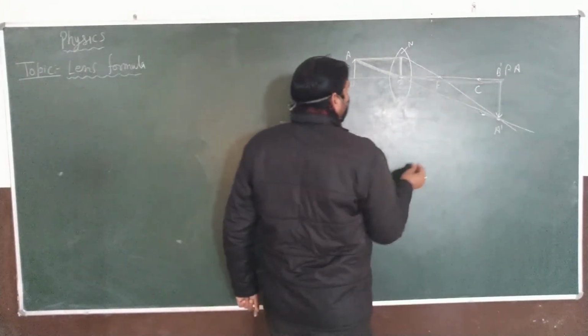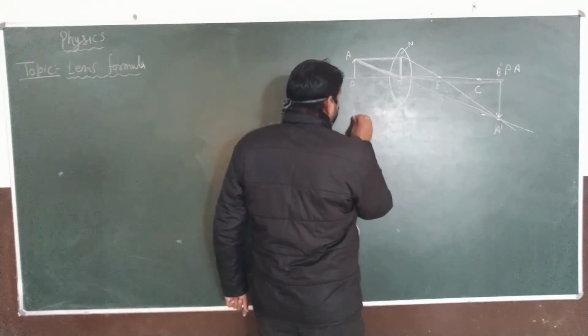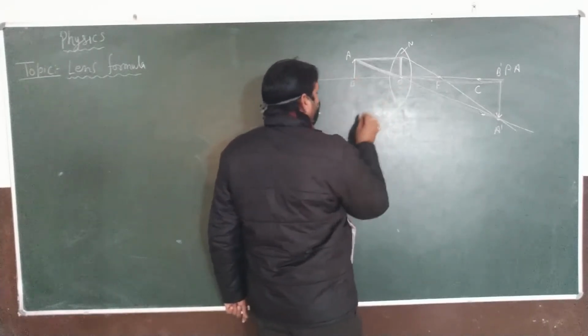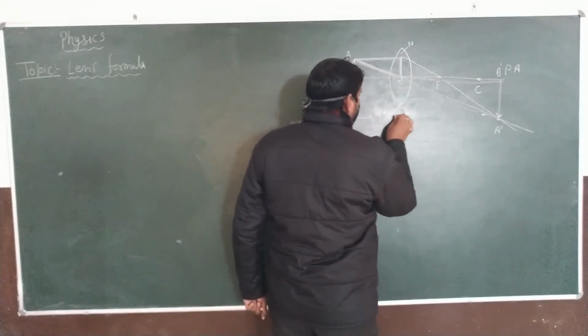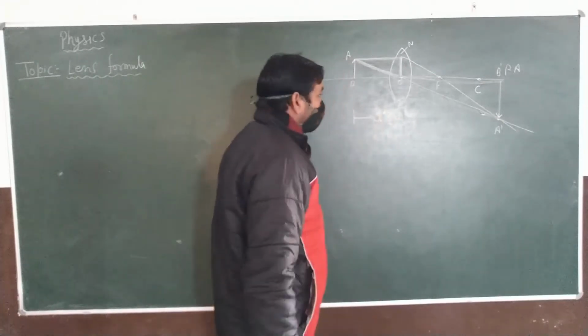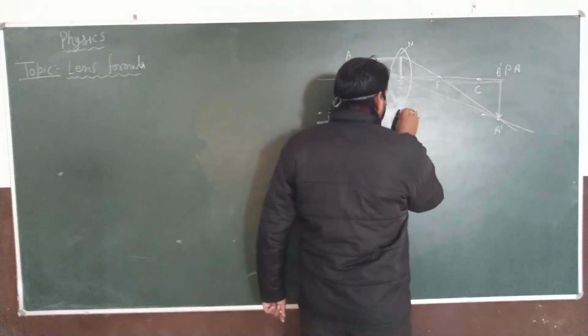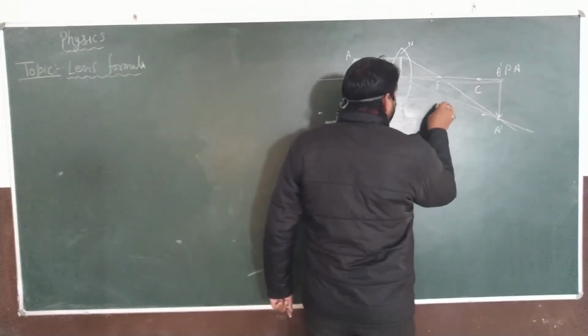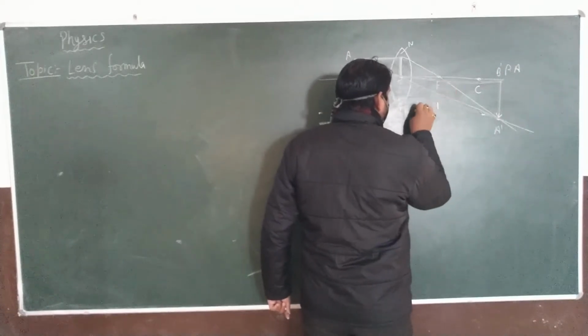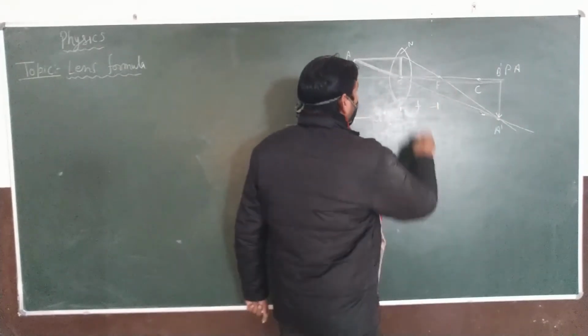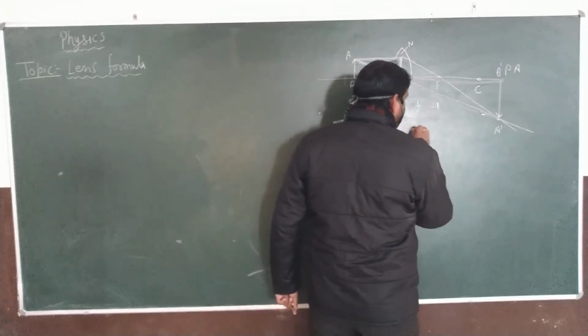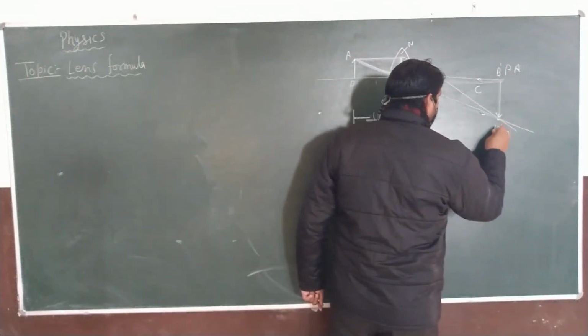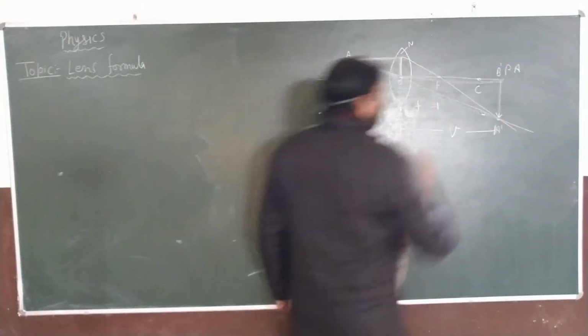Now, this is the object and the distance from lens to object is u. The distance from lens to focal point is f, and the distance from lens to the image is v.